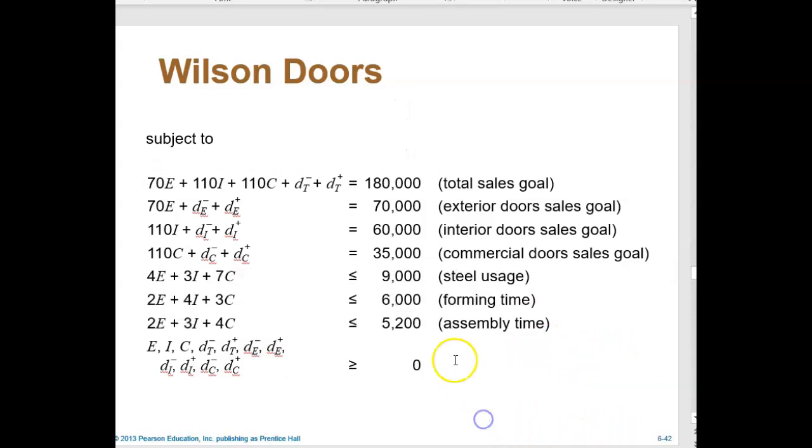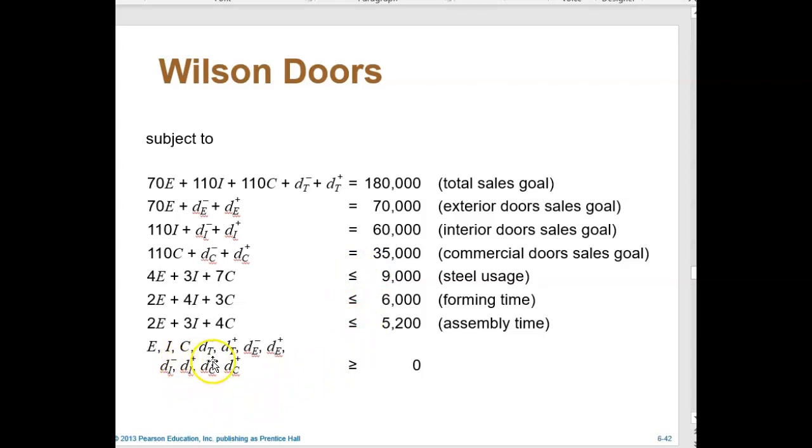So now we have two sets of constraints. The first one defining our deviation terms and how they're associated with the right-hand side values and our existing decision variables. And the second one, the original constraints from our LP problem.